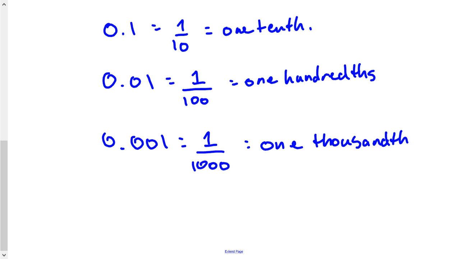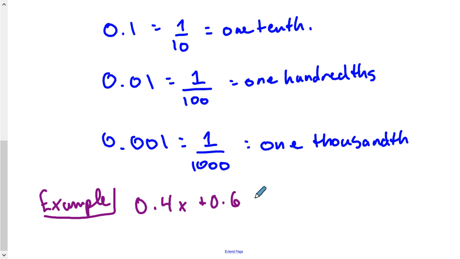So, for example, let's say we have 0.4x plus 0.6 is equal to 0.8. To get rid of all of these, whatever you do to one part of these, you have to do to all. So if I multiply this by 10, I must multiply this by 10, and I must multiply this by 10.